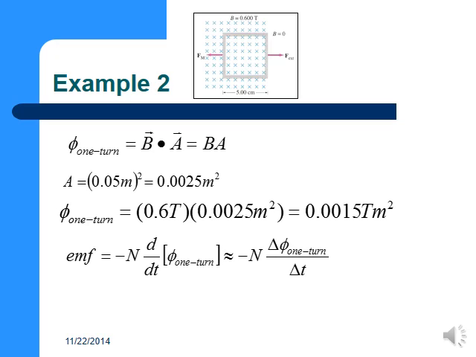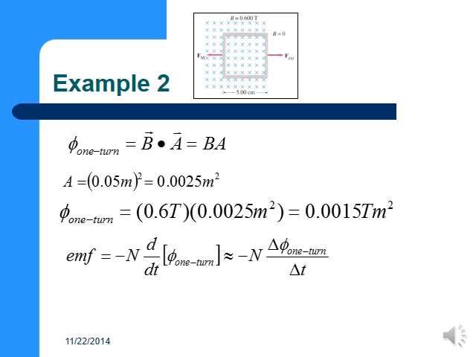Now we can calculate induced EMF because we have the equation EMF is equal to negative N d phi dt. Now the negative sign is just simply to show that this EMF counteracts the change in flux. Nothing more. And that's approximately equal to the delta phi delta t.